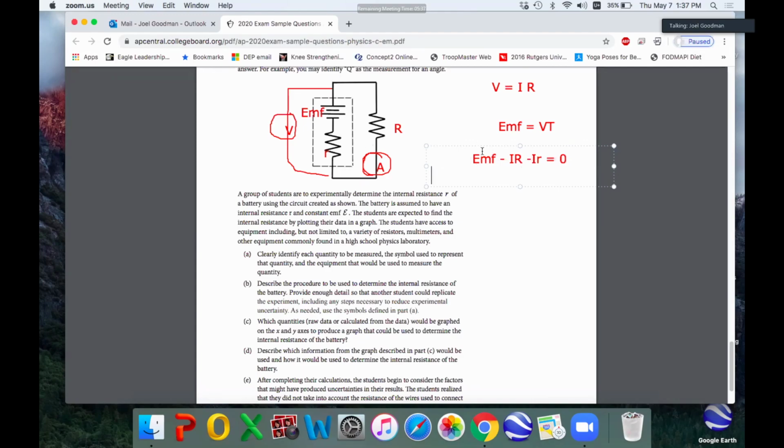The voltage from the chemicals minus the voltage lost across here minus the voltage lost in the internal resistance is equal to 0. Does anybody see what I'm doing? Yeah. So we now know what EMF is. I can measure the current. I know what the resistance is. I can say that's equal to I times R.